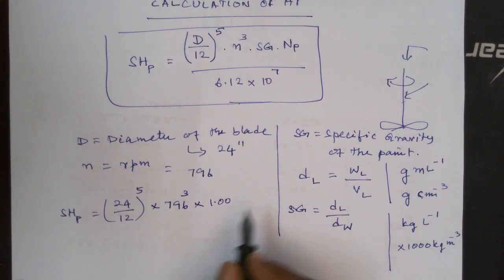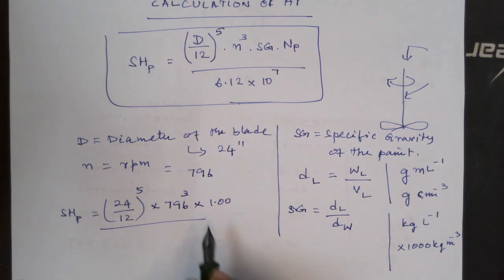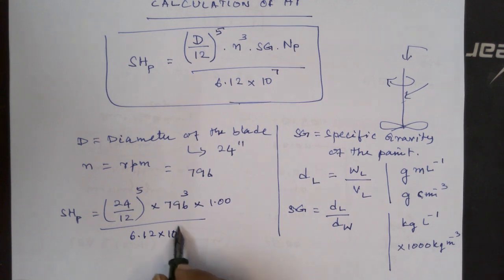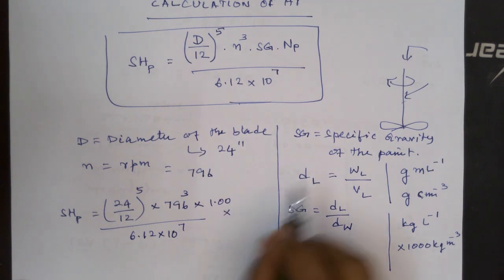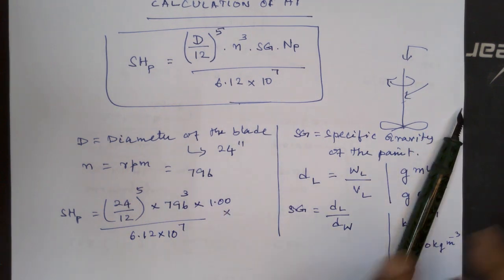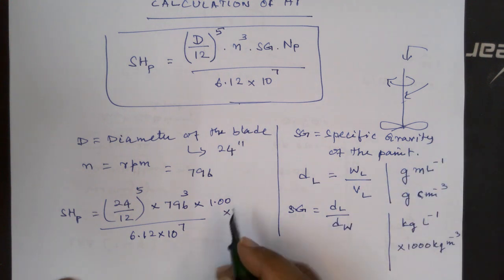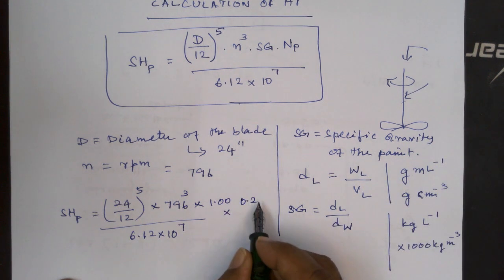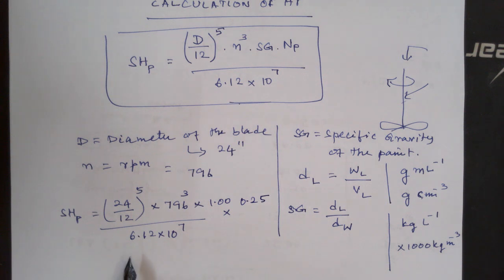Specific gravity is 1, divided by 6.12 into 10 power 7, into the Np, that is 0.25. Let us consider this.